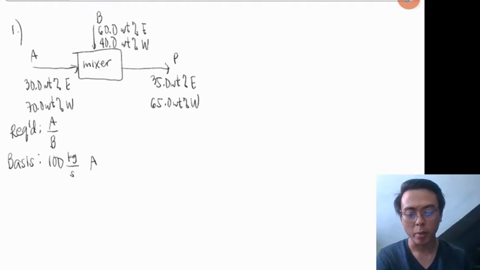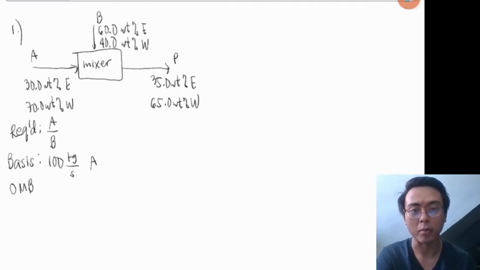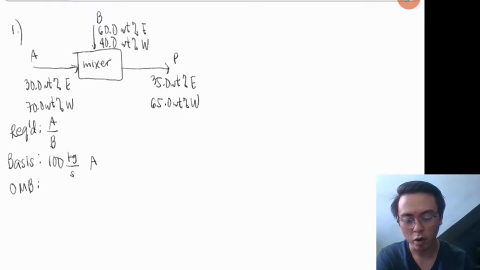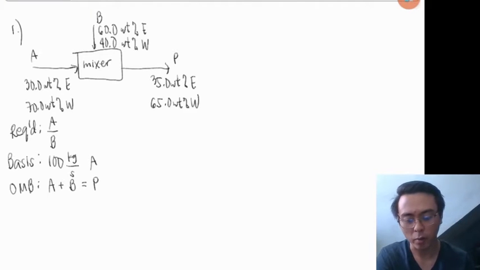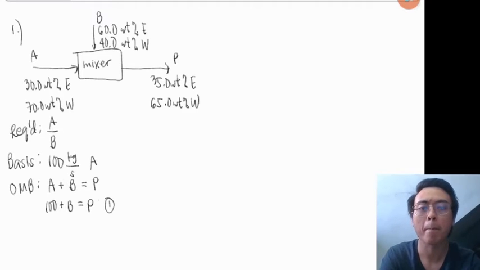You are already familiar with this from our previous video lectures. After the basis, we start with our OMB, or our overall material balance. In this case, you only have three streams, so this is quite simple. The OMB is A plus B equals P. And since we have specified a value for A from our basis, this balance would now be 100 plus B is equal to P. This is our first equation.